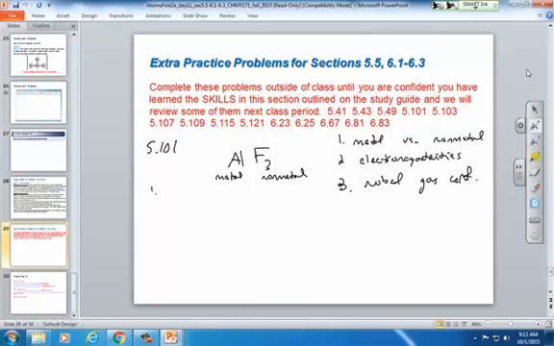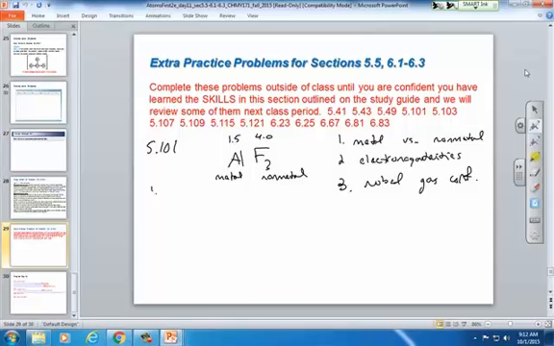If the electronegativity difference is very large, then I also would normally predict it would be ionic. But that's not always the case either. So if you look at the electronegativity table that is on page 194, the electronegativity for aluminum is 1.5, and for fluorine it's 4.0. It's a pretty big difference.